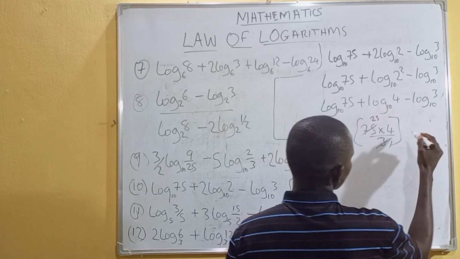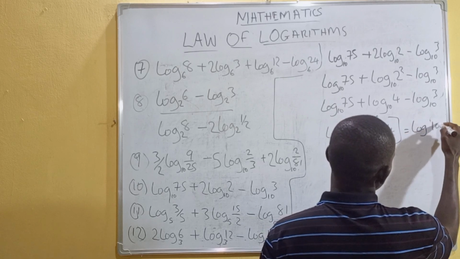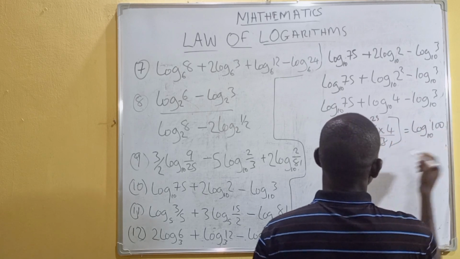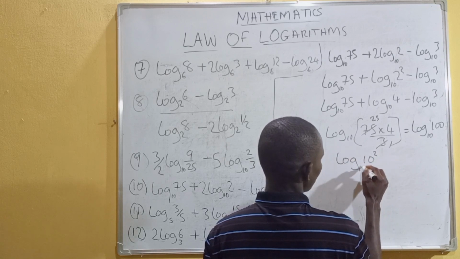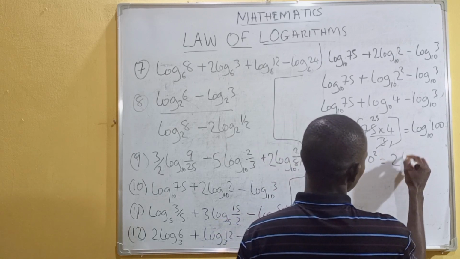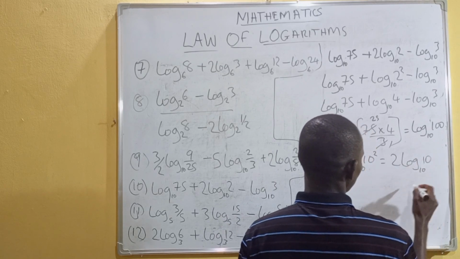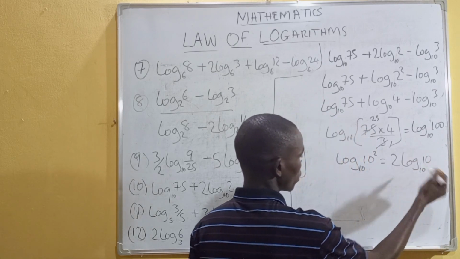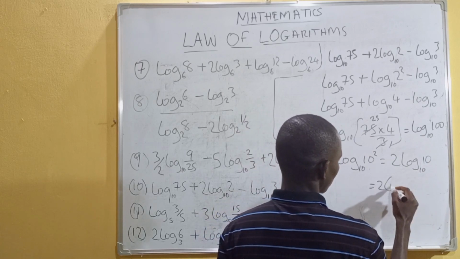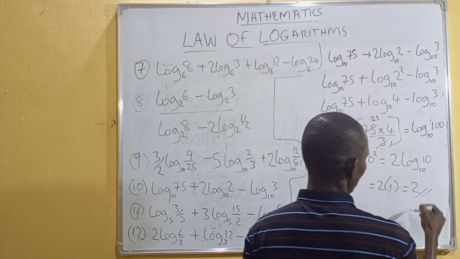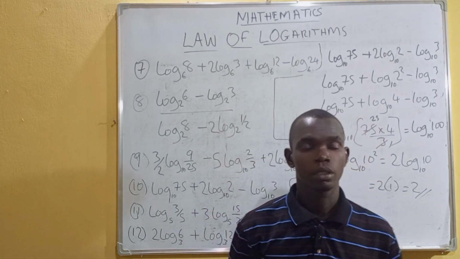So this time this will now be log of 100 to base 10. Log of 10 raised to power 2 to base 10, which is 2 log 10 of base 10. Log of 10 to base 10 is equal to 1, which is equal to 2 times 1. We have 2. This is our answer to question 10.